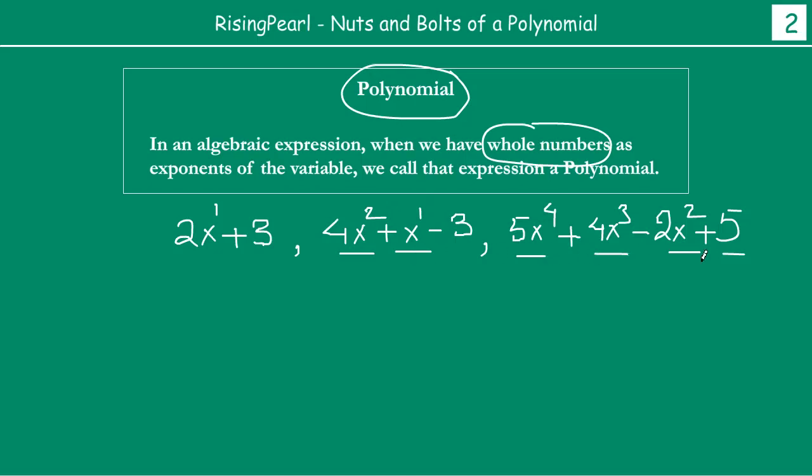In the third example of an algebraic expression, यहाँ पे we have the first term raised to variable power 4, the second term is raised to power 3, third term is raised to power 2. So आपने notice किया in each of these expressions जो variables हैं, all of the variables are raised to a whole number. So इन expressions को हम कहते हैं polynomial.